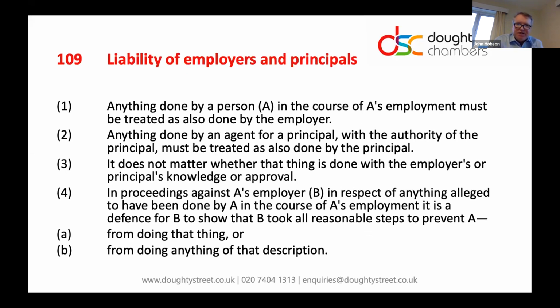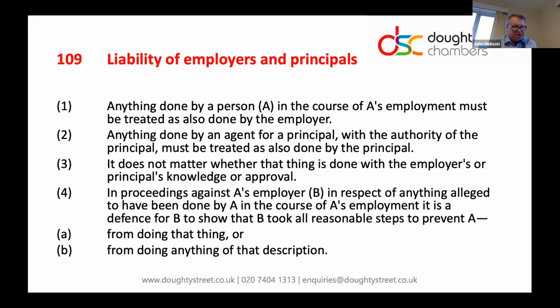And then also on to liability of employers and principals. Anything done by person A in the course of A's employment is treated as being done by the employer. Anything done by an agent for a principal with the authority of the principal must be treated as being done by the principal. It doesn't matter whether the thing is being done with the principal's knowledge or approval. In terms of an employer, section 109(4), it's a defence for an employer to say that reasonable steps were taken to prevent that.